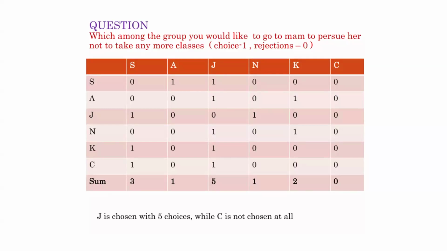J is chosen with 5 choices. Let's see. While C is not chosen at all. See, nobody likes. Why? There is a big question. Here also, J, why 5 likes? 5 have chosen. Why? There is a big question.